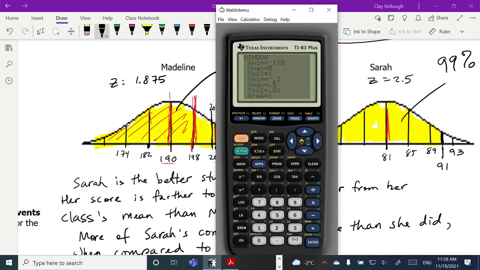And let's go to a maximum of about, I don't know, how about 220? Because 190 is right in the middle of that. For the scale, you know what we're counting by in the scale? We're counting by the standard deviation. The standard deviation is 8, so we'll count by 8s. I don't need to change the y scale because the y is still percentage. So leave the y minimum, maximum, and scale alone.